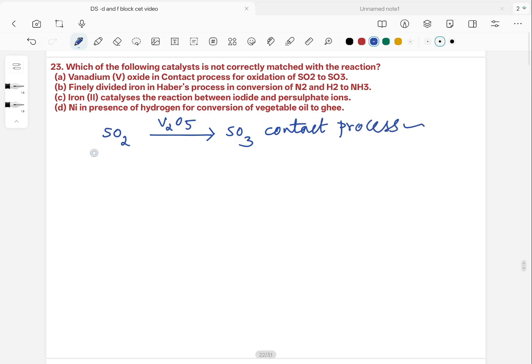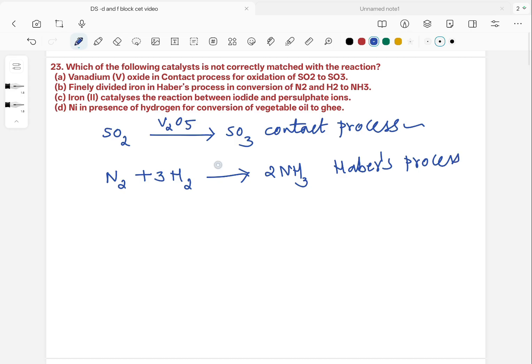Second statement, finely divided iron in Haber's process is used as catalyst. N2 reacts with 3 moles of H2 to give 2 moles of ammonia in Haber's process, where we use finely divided iron powder as a catalyst. This statement is also correct.